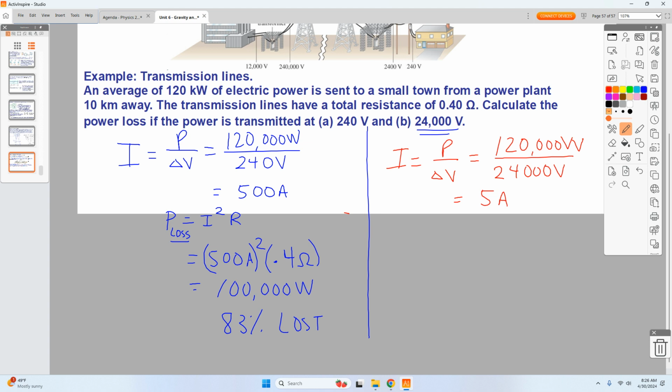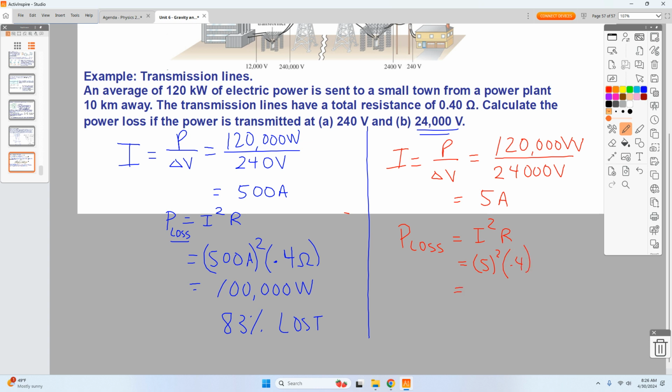If I can pump that voltage up to 24,000 volts, I only have to deliver 5 amperes of current. And so now I have a trickle flow, which means that the power loss is going to be much smaller. That becomes 5 squared, not 500 squared.